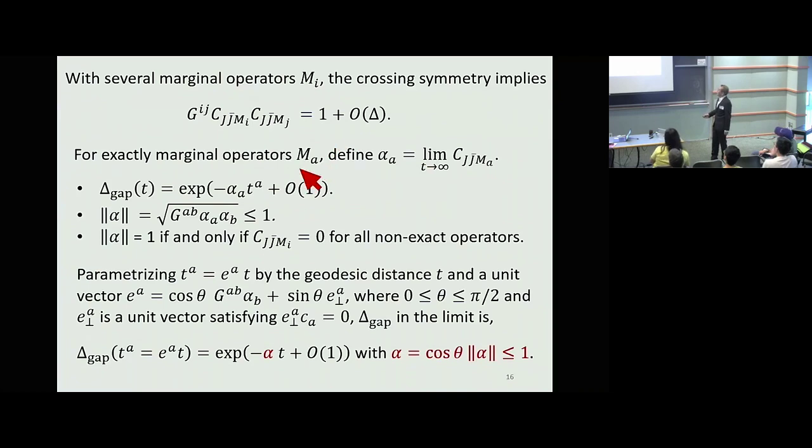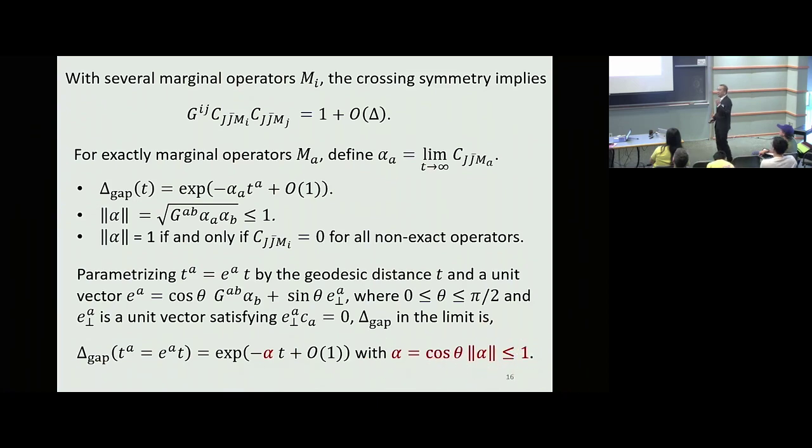So then you can show that the norm of this vector alpha is less than or equal to 1. And it is equal to 1 if and only if the 3-point function to the marginal but not exactly marginal operator vanishes. Okay? And then the gap decays exponentially like that. If you choose the direction of steepest descent, you can always write it in this way, and alpha is bounded by 1.